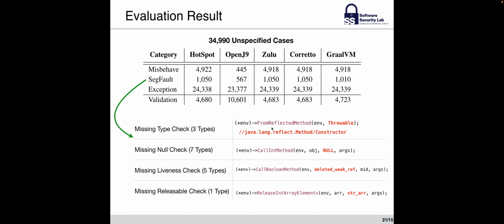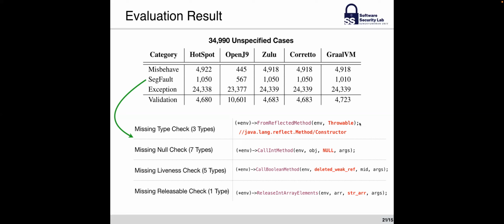For example, FromReflectedMethod expects to receive a java.lang.reflect Method or Constructor type of object for the second argument. But our tool found that passing a Throwable type of object as the second argument of FromReflectedMethod is an unspecified case. And if you run this code, it triggers the segmentation fault for all 5 JVMs.